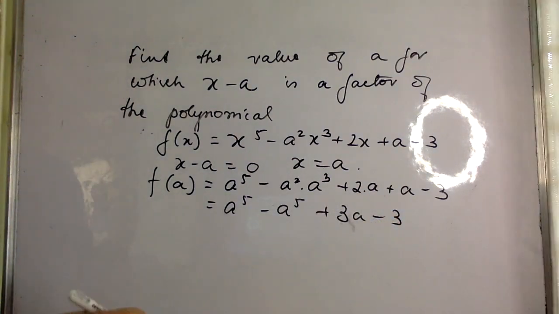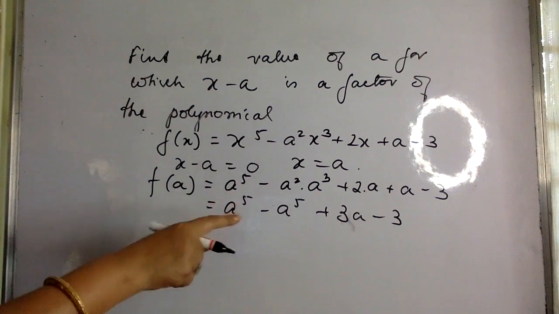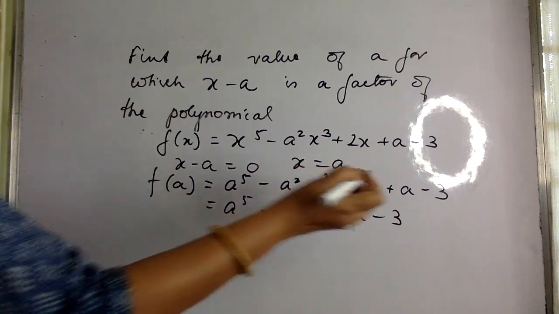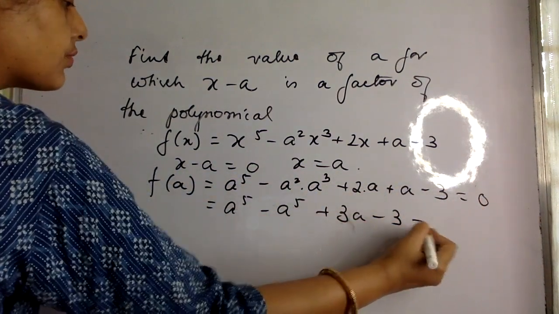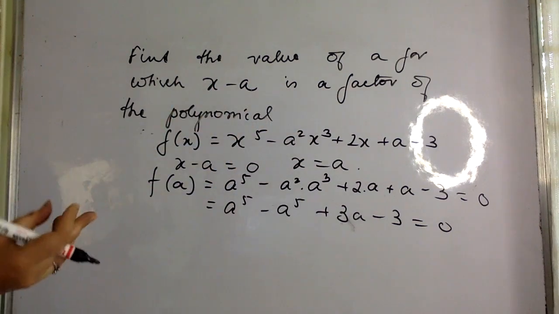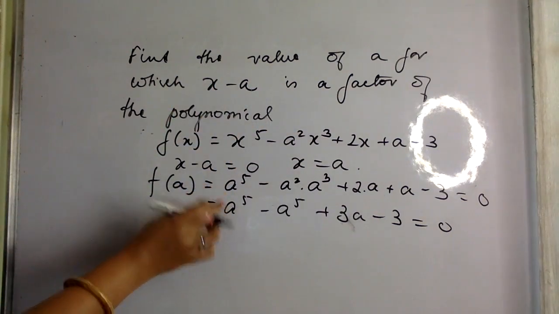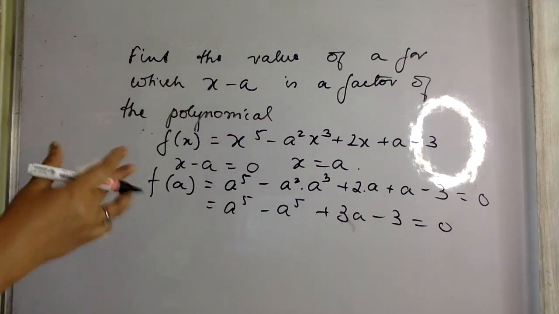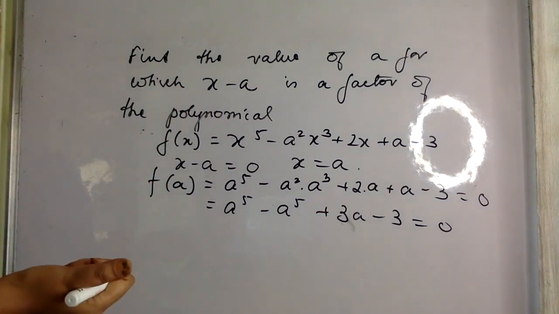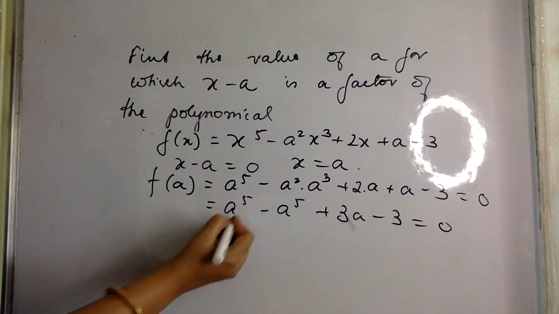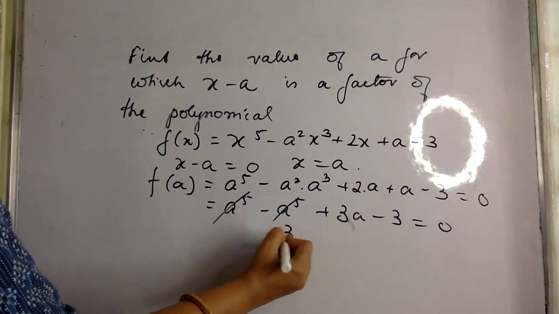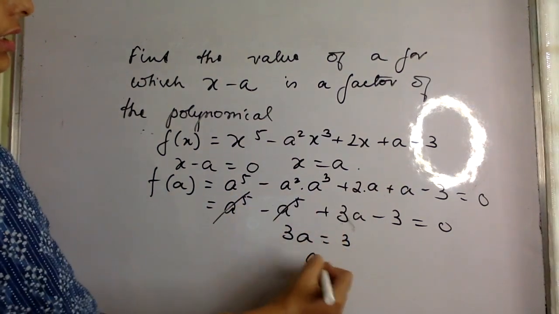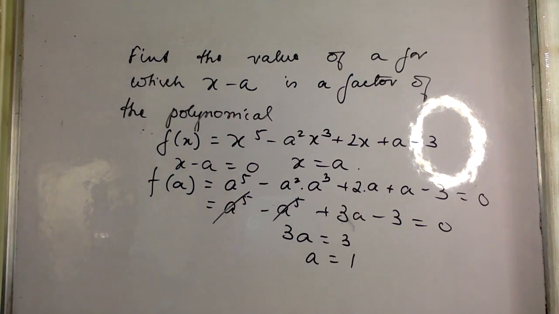But this is a factor, they said, so we can equate this to 0, because we know this remainder has to be 0 since this is a factor. The only thing we are going to do now is find the value of a. So 3a is equal to 3, a is equal to 1. Okay.